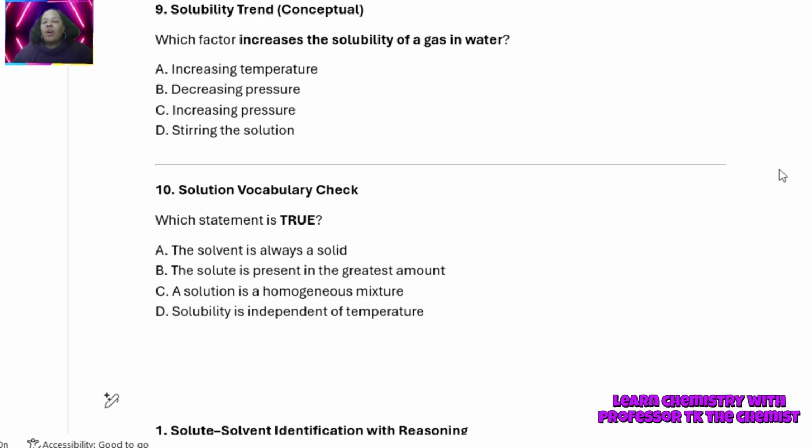So pressure goes up, solubility goes up. Pressure goes down, solubility goes down. Temperature goes up, the solubility goes down.